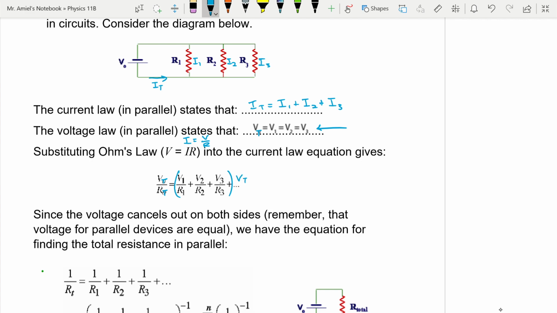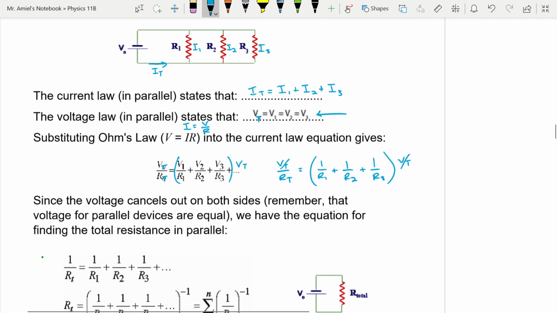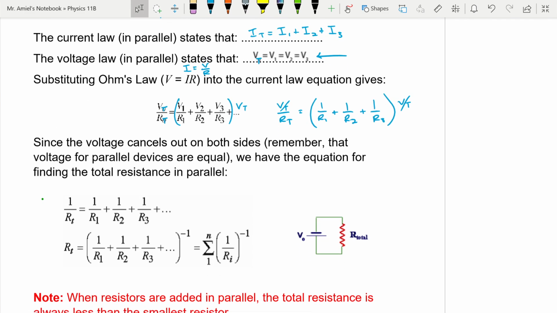Let's rewrite this. This turns into voltage total over resistance total is equal to 1 over R1 plus 1 over R2 plus 1 over R3. We've factored out our voltage total. This is going to cancel out, and we're going to get this equation down here.